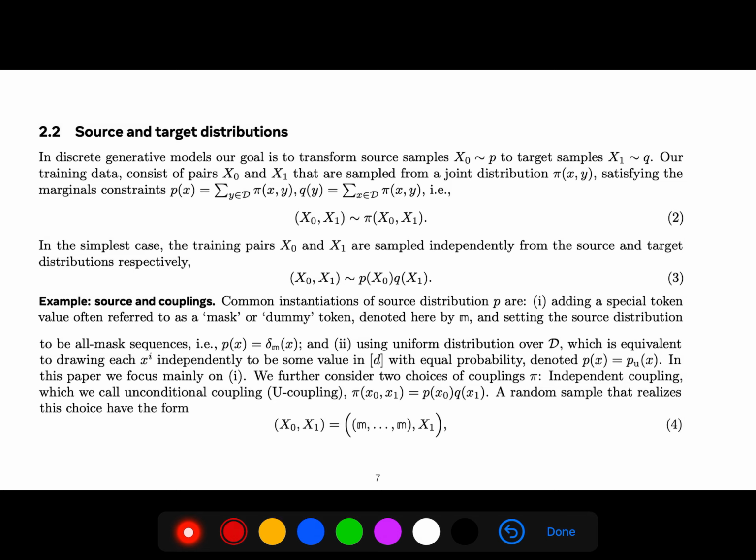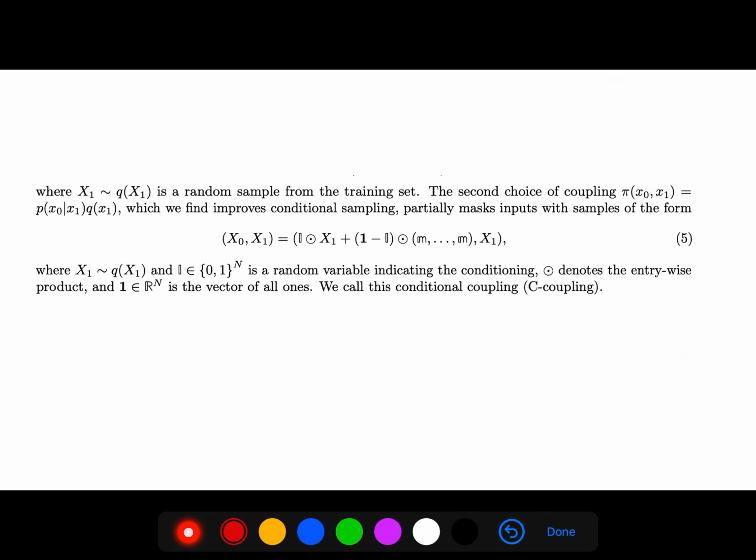In discrete generative models, our goal is to transform source samples. So we want to move from this distribution P to our target distribution Q. We are adding a special token value which is a mask or dummy token, which we call M. It means mask. Any random sample that realizes this choice is a random sample from the training data.